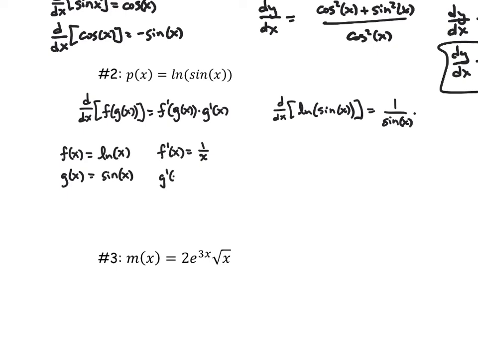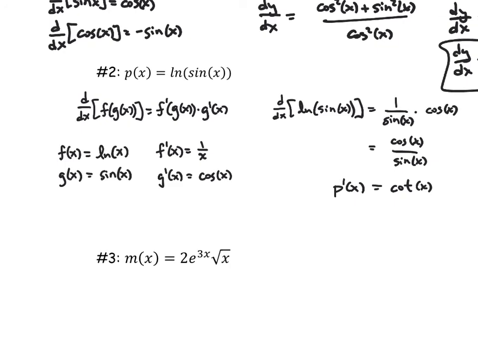What about g prime of x? Well, g prime of x is cosine x. So I'm going to take 1 over sine x and multiply it by cosine x. What that's going to equal is cosine x over sine x, which then in this case, p prime of x will equal cotangent of x. Look at that. That's cool. Natural log of sine of x derivative is cotangent of x.